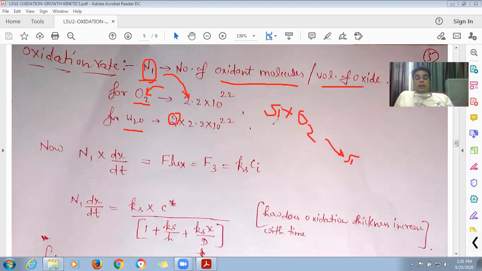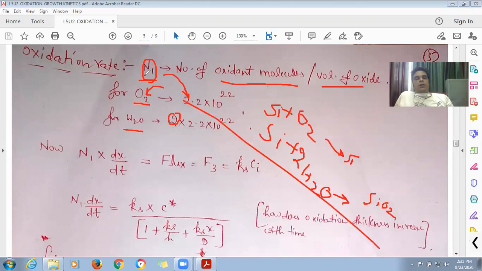But in the case of water, silicon reacts with two molecules of water, 2H2O, to have one molecule of silicon dioxide. So the value of N1 in the case of H2O oxidant will be 4.4 x 10^22.